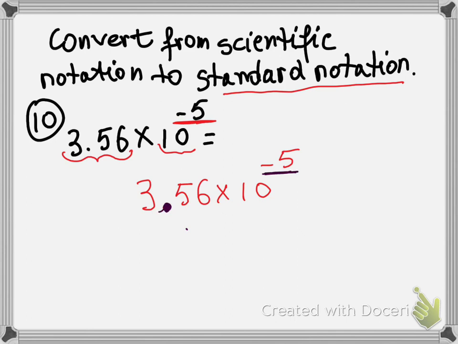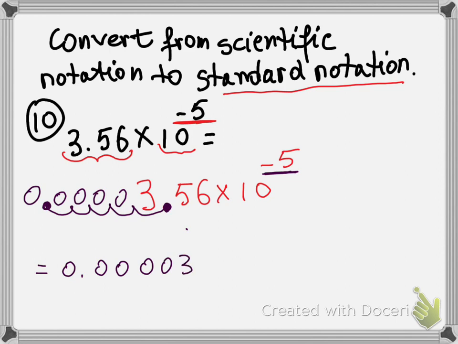So here we go: 1, 2, 3, 4, 5. Zero, 0, 0, 0, 0. So here's the decimal point. So this equals 0.00000356.